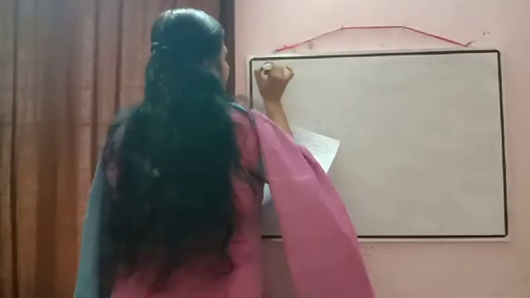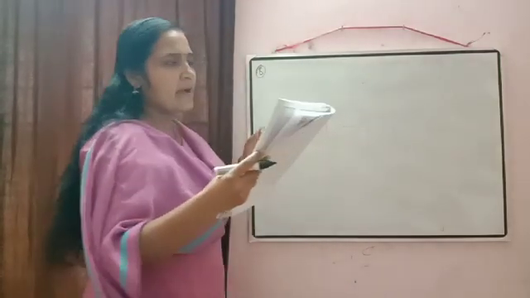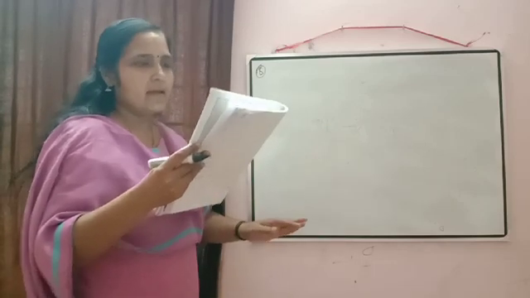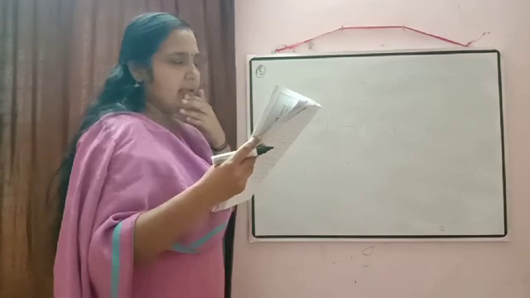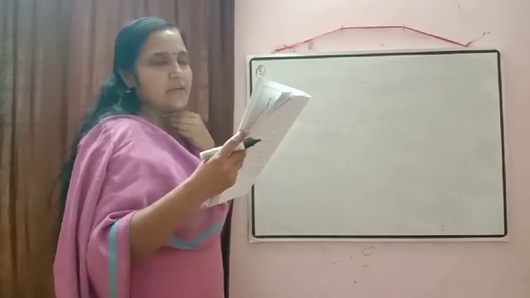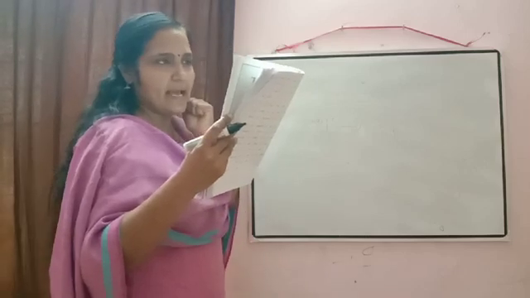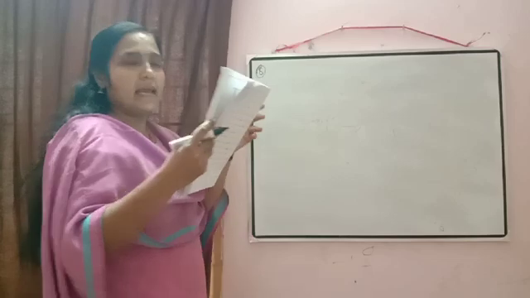In question number 8, it is written there, the Fahrenheit temperature F and absolute temperature K satisfy a linear equation. It is given when K is equal to 273, F is equal to 32. So this one we can consider as x-axis and y-axis. Fahrenheit temperature I am considering as x coordinate.